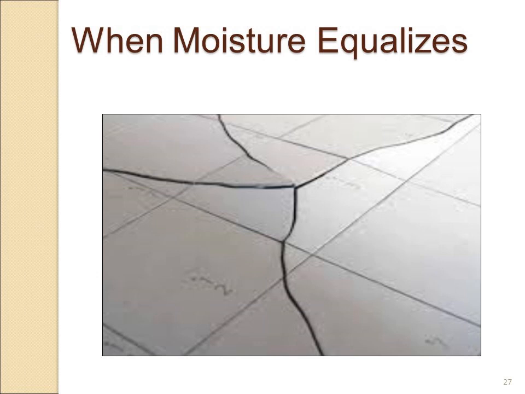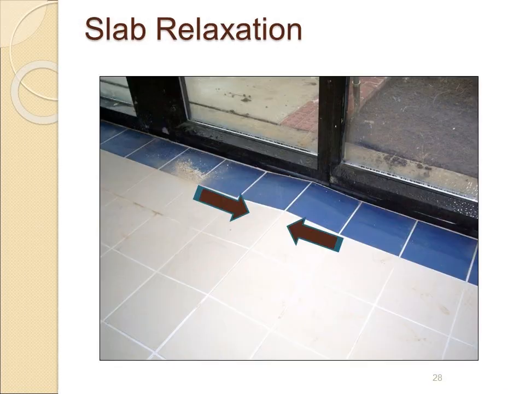Well, what happens is many times the concrete will lay flat, and it will go back to its original position, and when it does, what that means for the tile installation is that the tile is longer than the concrete slab. And without enough movement joints, or even with proper movement joints, depending on how much the slab relaxes, you could have tile delamination and damage.